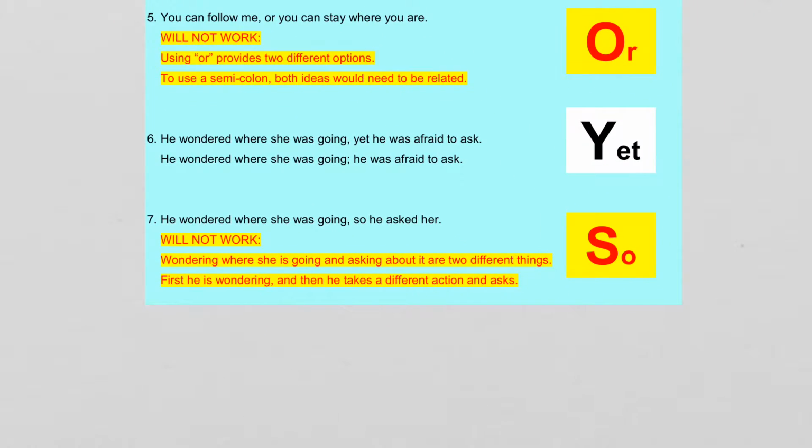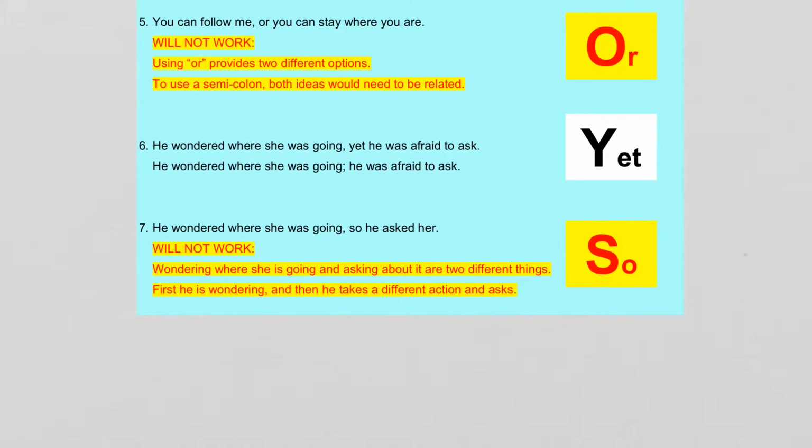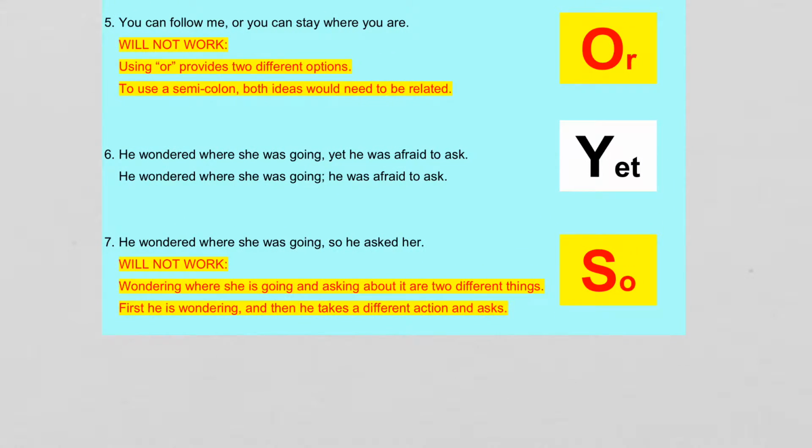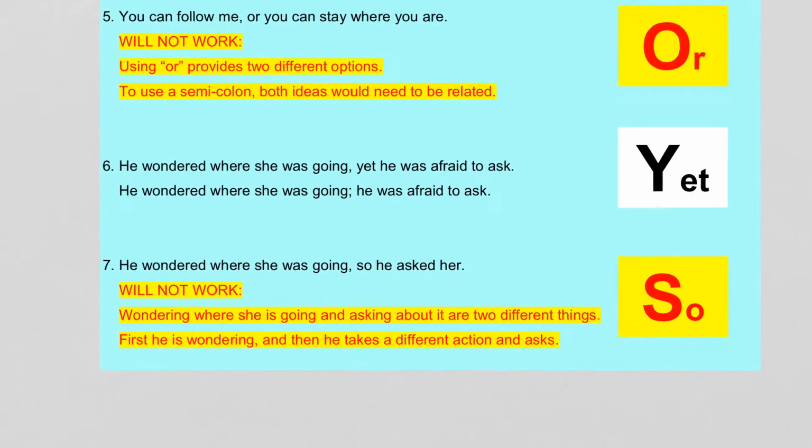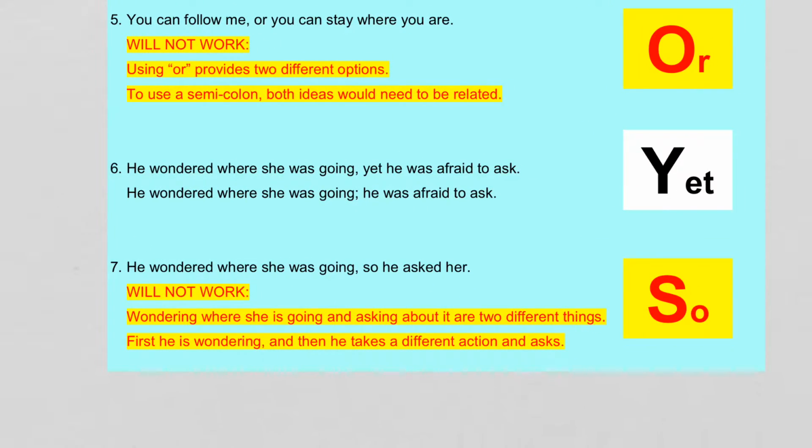All right, number 5, we're looking at the coordinating conjunction or. And the thing with or is that it provides 2 different options. So that should be a big hint there. If we're talking about doing 2 different things, then the semicolon isn't going to work with it, because, as I've explained before, the thoughts have to be related in the way that we need them to be related.